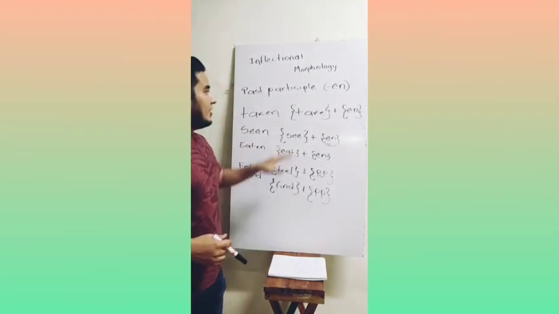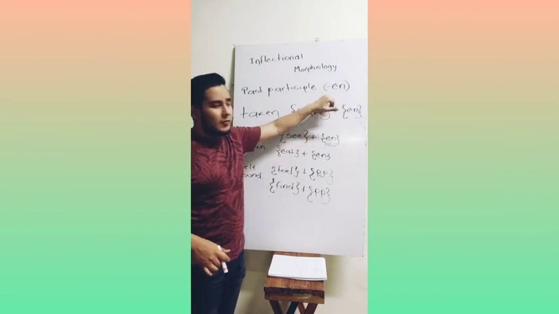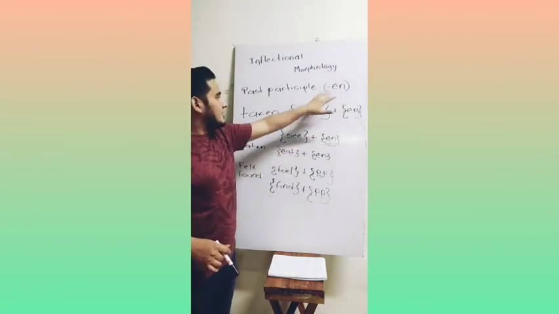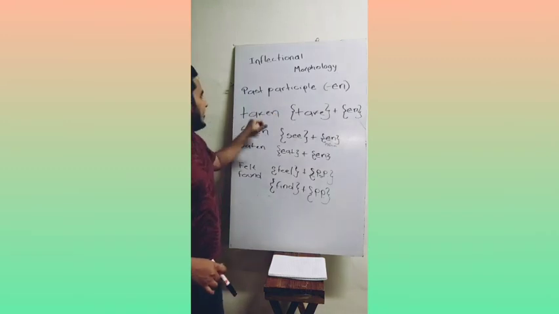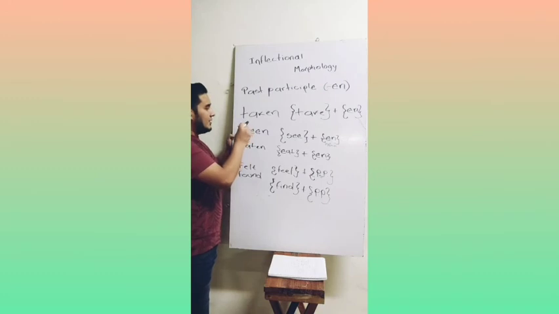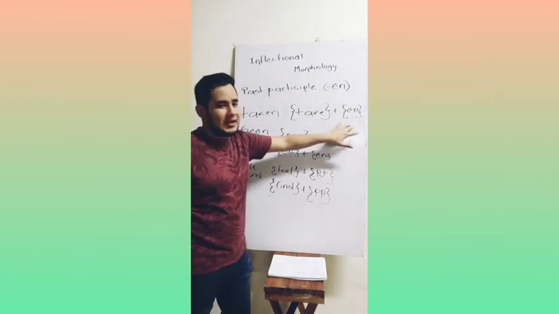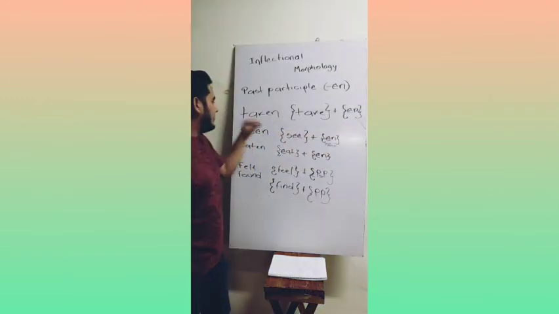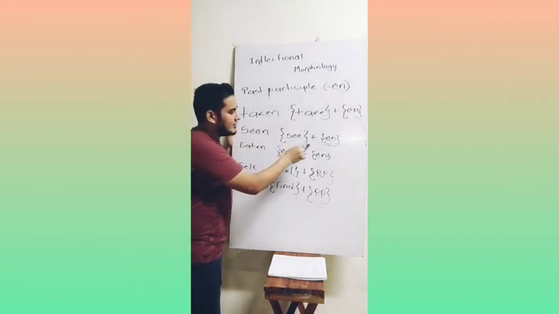Now we have another inflectional suffix, that is en. We use this suffix to inflect the verb into the past participle. Here we have one example. The verb taken is the verb take plus en, for the past participle. Also seen, that is see plus en.